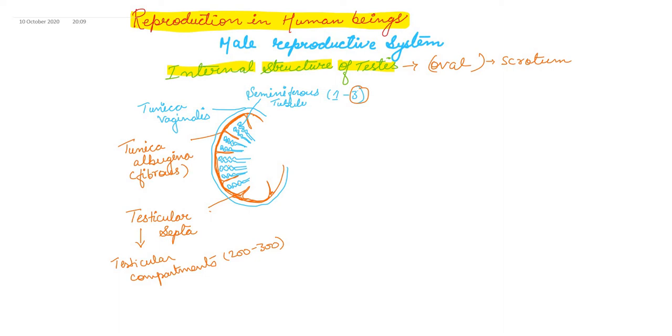If each testicular compartment has three seminiferous tubules and 300 testicular compartments are there, then we have 900 seminiferous tubules in each testis.